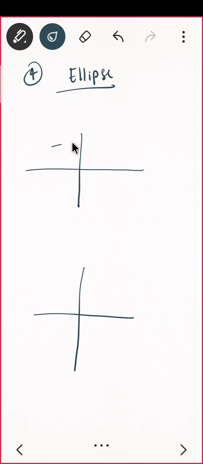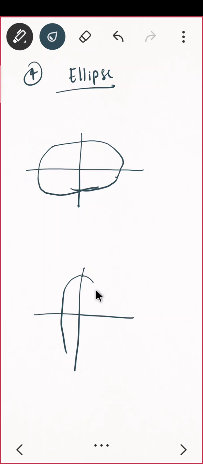One is something like this. Something like an egg shape you can consider, and something like here. Can you give me the equation of this? Suppose you are having this is A and this is B. Yes, anyone.